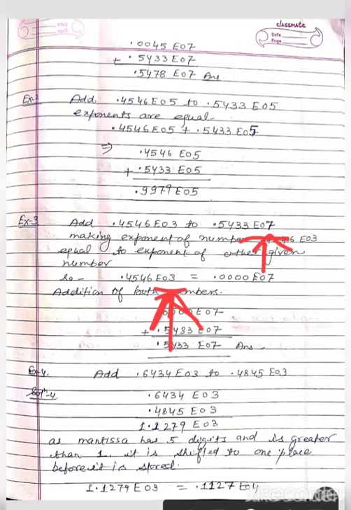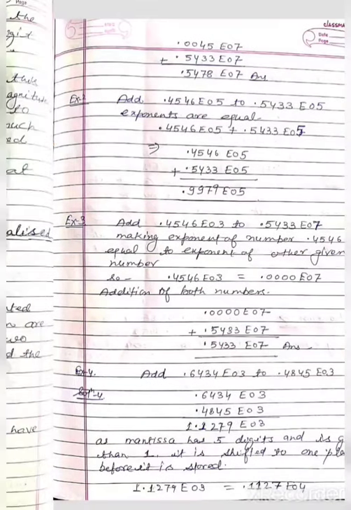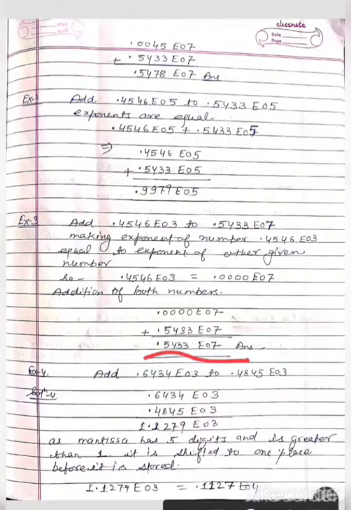So shifting the decimal by 4 places towards the left increases the exponent by 4 digits, so the exponent becomes E07. Now adding both the numbers gives the answer.